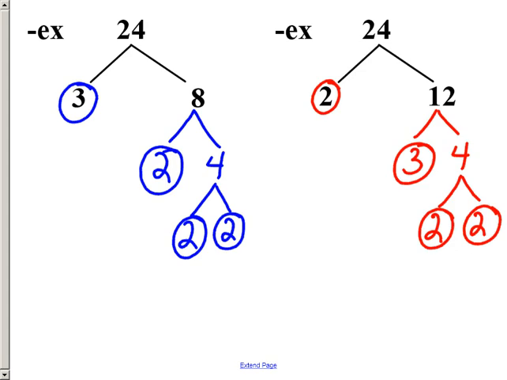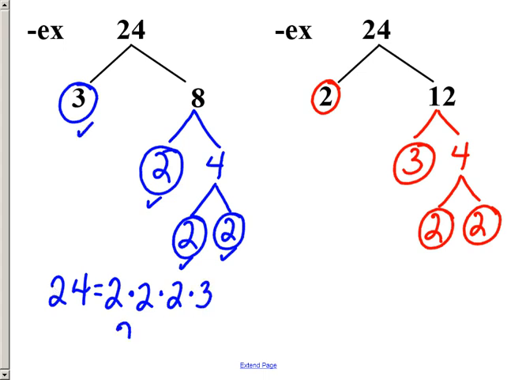Okay, so if you have done your factor trees correctly, you should have something that still ends up giving you the same answer. Now, you might not have broken yours down exactly the same way I did, but you should still get the same answer. When I broke it down into 3 times 8, I still ended up with 2 times 2 times 2 times 3, which is 2 to the third power times 3.